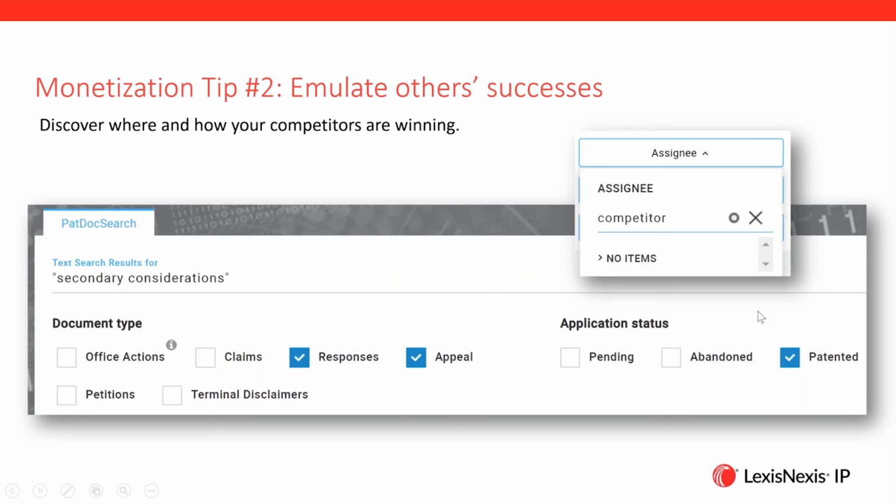So you could limit the search to patented cases, responses and appeal, and search for the argument. And you can even limit your search to a particular competitor, whether that's an assignee or a law firm, to see how they've been successful or if they have been successful on that particular issue as well.